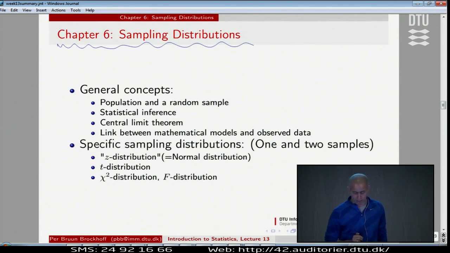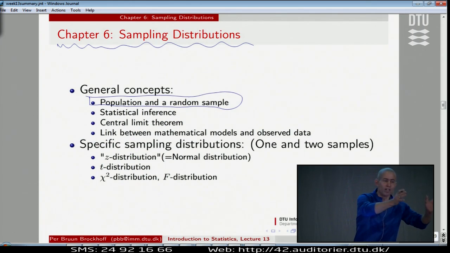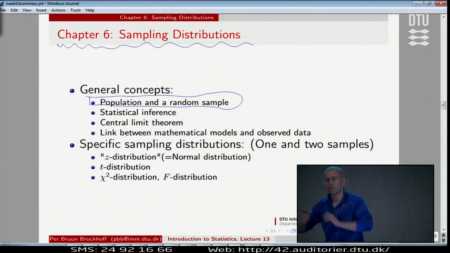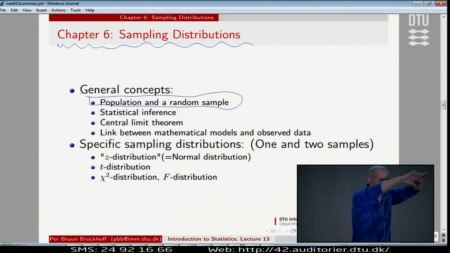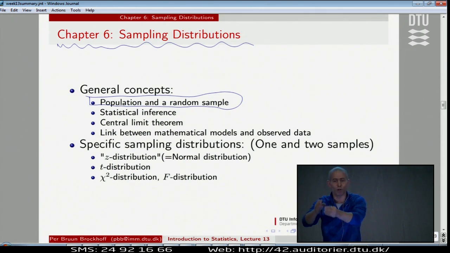Because this is where we, again, think about the framework that we are facing. We have this population and random sample. This is the way we think. The population is the unknown truth. It's the unknown world out there. Then we take a subset of the world, the sample, because we have only finite time and money.